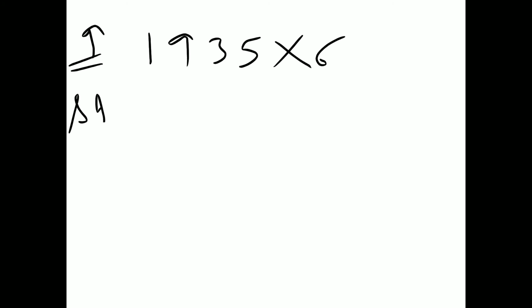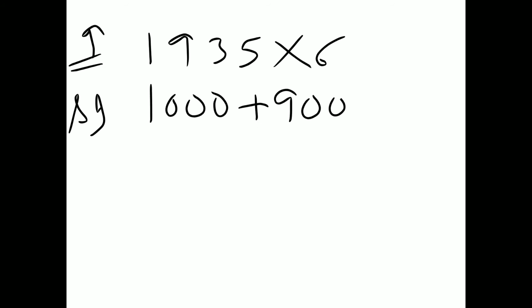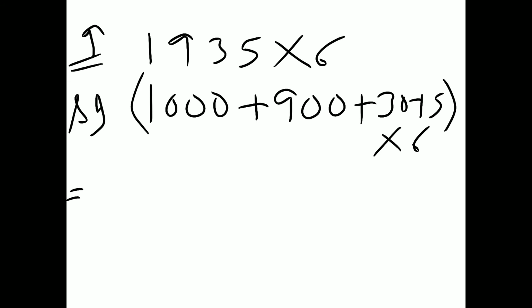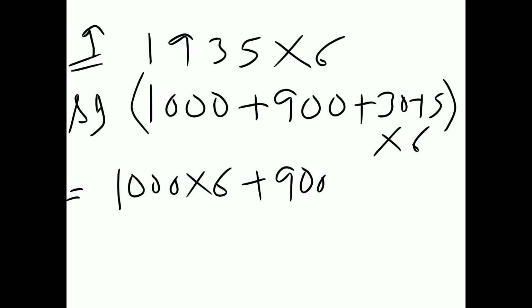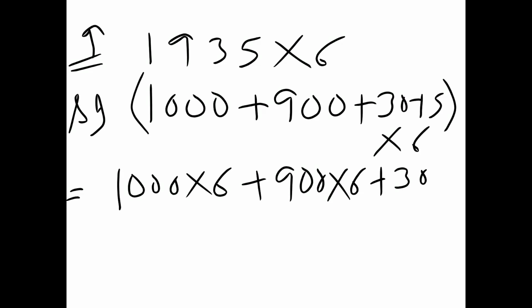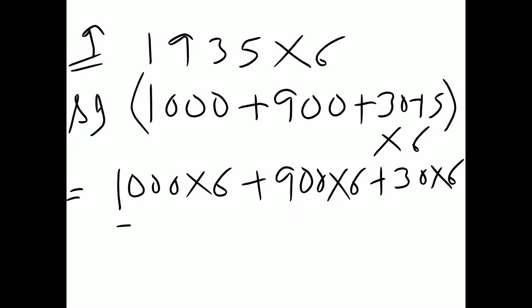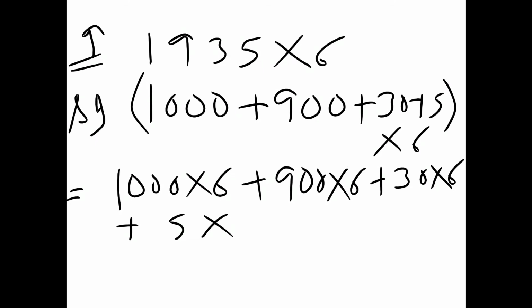So here you will expand 1000 because after 1 there are 3 numbers. 1935 into 6. 1000 plus 900 plus 30 plus 5, multiply by 6. 1000 into 6, 900 into 6, 30 into 6 plus 5 into 6.